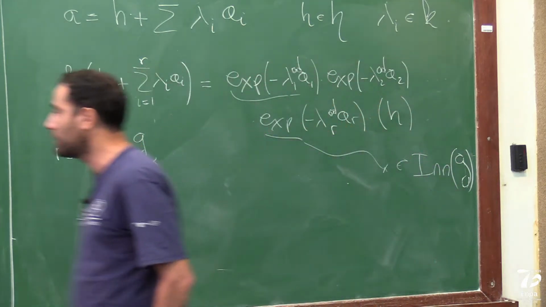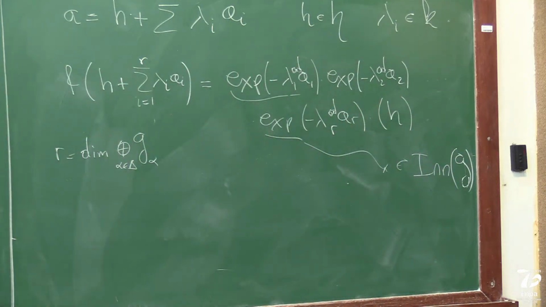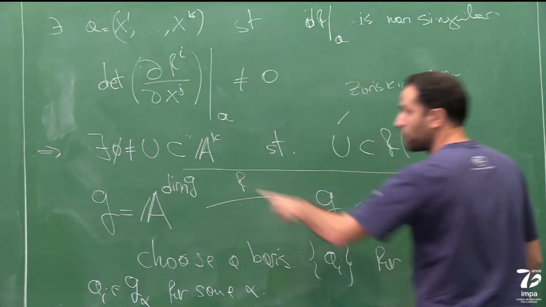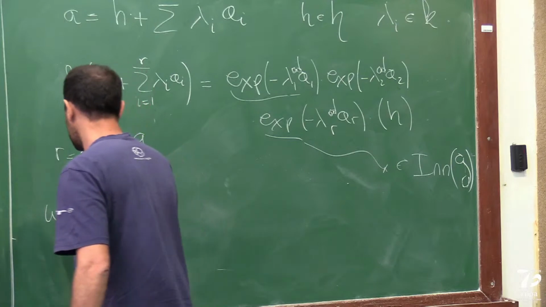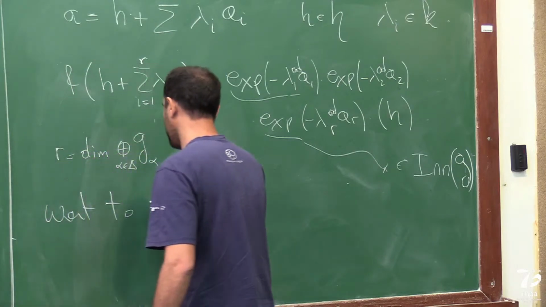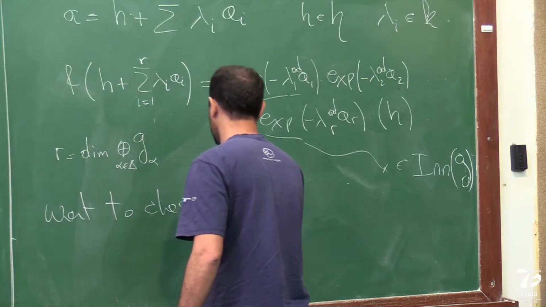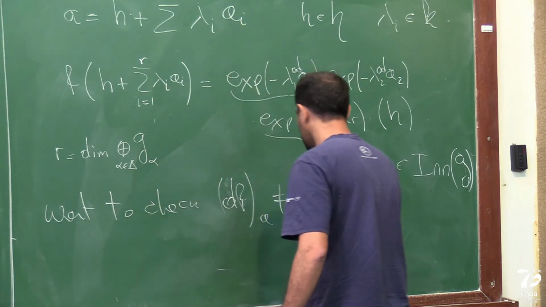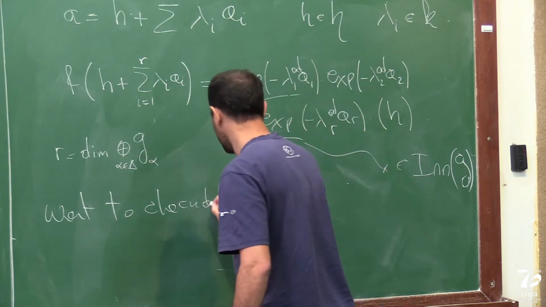So I need to check that the differential of this guy is non-zero at some point. Okay? So we want to check the conditions of the algebraic geometry theorem. We want to check that the differential of F at some point A is non-zero. Well, the determinant is non-zero.